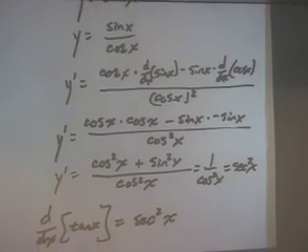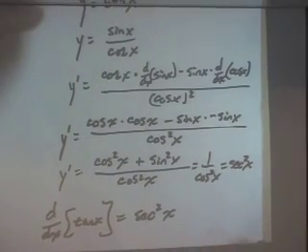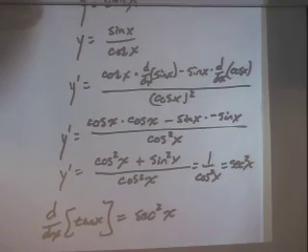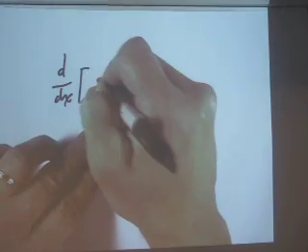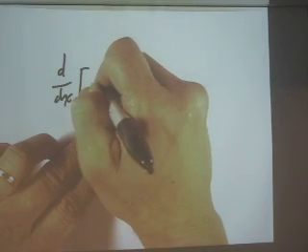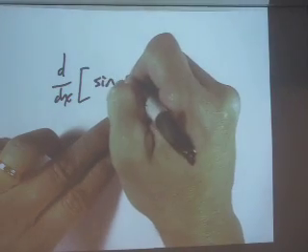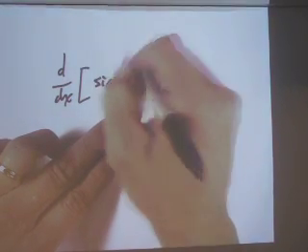Now before we let the trigonometric functions go, let's apply the chain rule to the trig functions. Applying the chain rule to the trig functions means that instead of just cosine x and sine x, we want to look at getting the derivative of sine of some function of x.